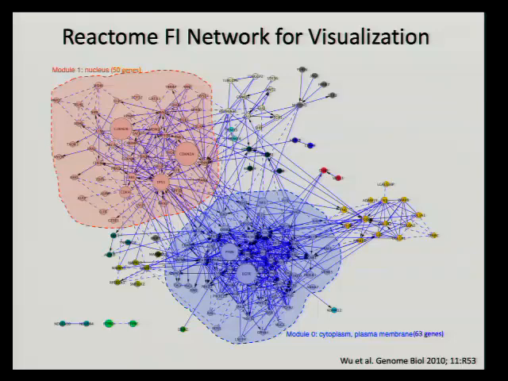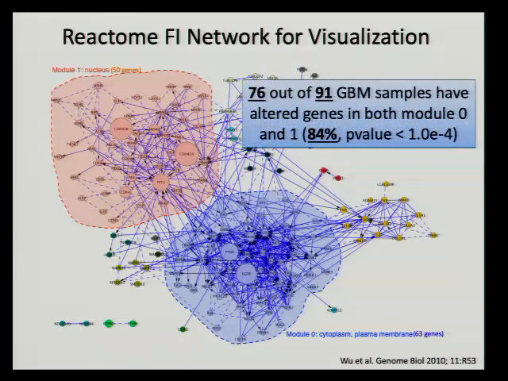So you can imagine, actually, you don't need to imagine: genes in the first module relate to signal transduction pathways, and genes in the second module relate to DNA repair or chromatin mechanisms. We did some statistical analysis and found that the majority, 84% of glioblastomas, have mutations in both of these modules, which is interesting. It tells us a patient should have mutations in both of these different types of genes or different pathways in order to have tumor development. Okay.